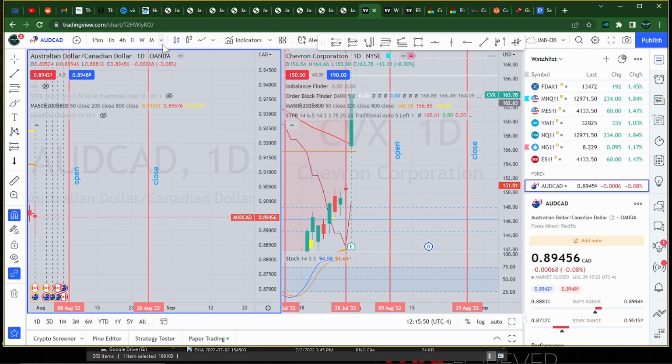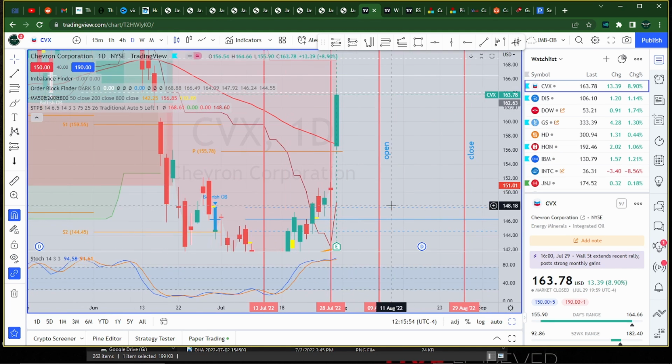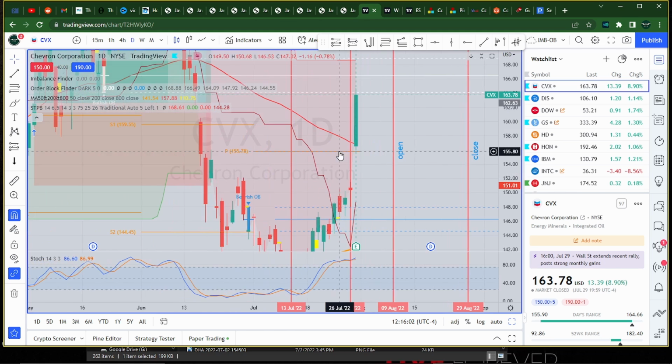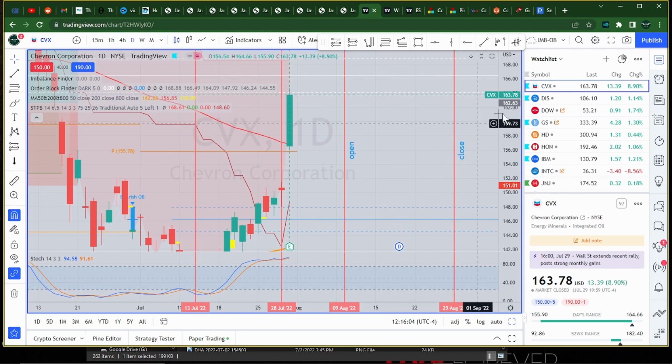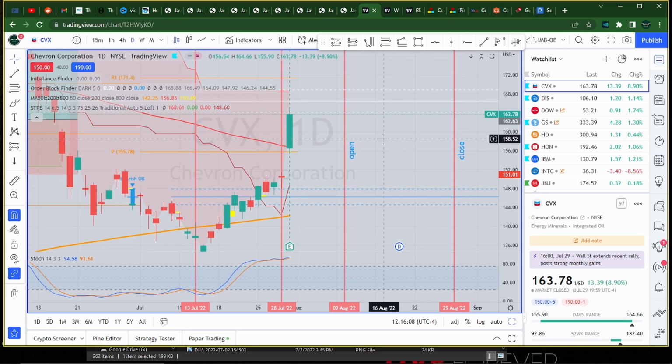And then on Chevron, we have this, like what I was talking about earlier. It spiked up an 8% move because earnings were so good, and we've got a bearish situation coming up in August the 9th. So I don't know how that's going to set up.